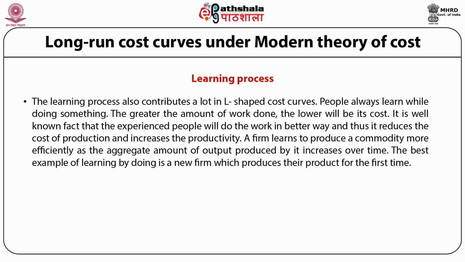A firm learns to produce a commodity more efficiently as the aggregate amount of output produced by it increases over time. The best example of learning by doing is a new firm which produces its product for the first time. After producing the first unit, they may be able to reduce the time required for the second unit. And if they are able to do so, it will reduce their cost of production.